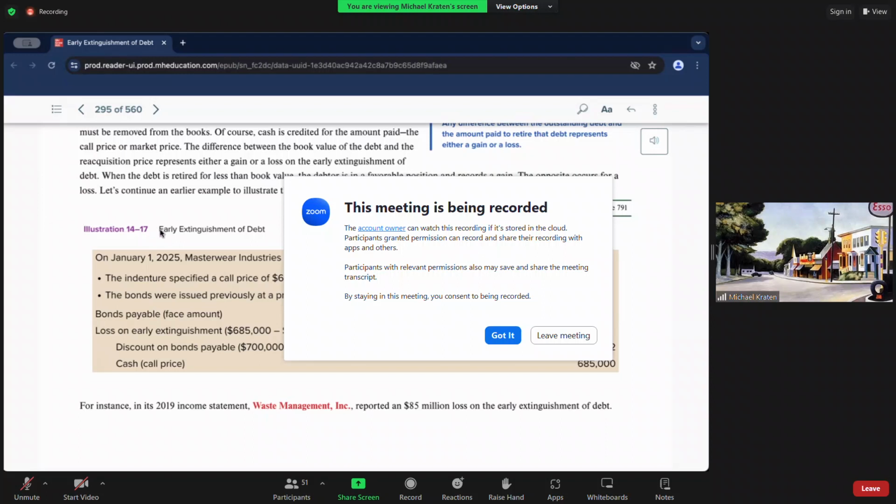So, what's happening here? We have a number of different vocabulary words in illustration 14-17. We have early extinguishment of debt. We have another vocabulary word, call price. Those are pretty much the two vocabulary words connected to this illustration. What do they mean?